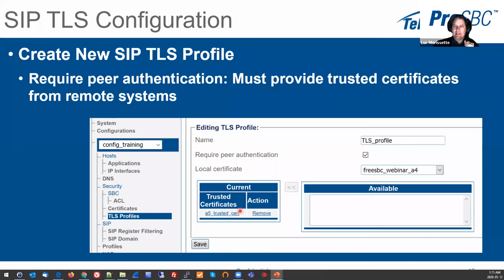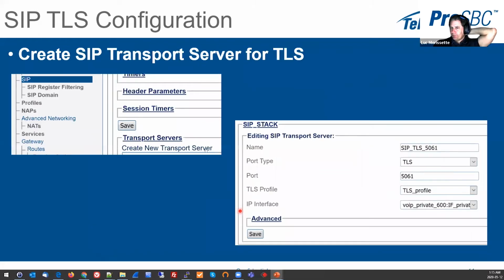Once you have created that TLS profile, then you can go in the transport server. So SIP and transport server. And you see here, you will choose the protocol type of TLS, and then the TLS profile we just created.